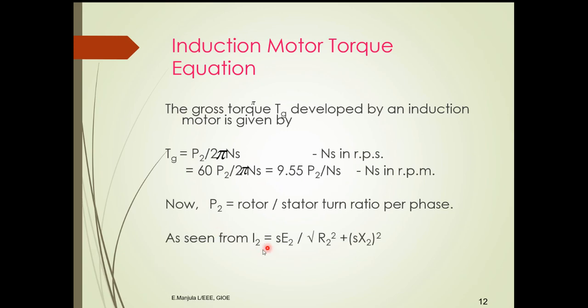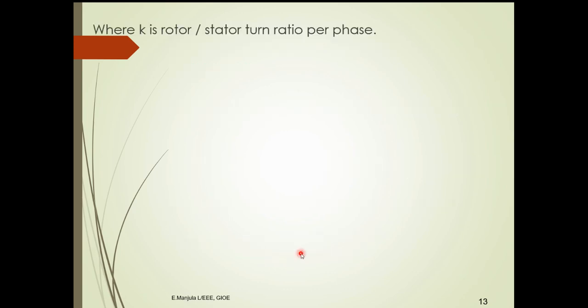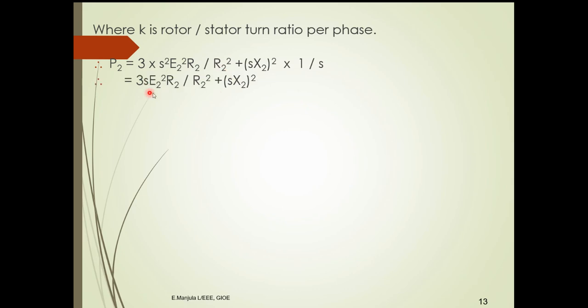As seen, I2 is equal to S into E2 by the square root of R2 square plus SX2 square, which is equal to S into K E1 by the square root of R2 square plus SX2 whole square, where K is the rotor by stator turns ratio per phase. P2, which is the rotor input power, is equal to 3 into S square E2 square R2 divided by R2 square plus SX2 square into 1 by S, which is equal to 3 into S E2 square R2 divided by R2 square plus SX2 square.